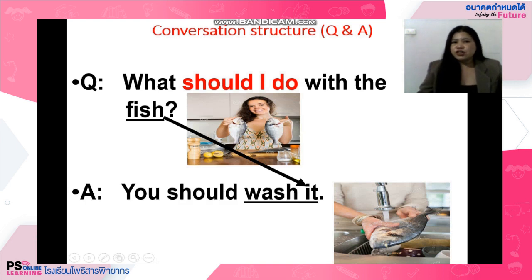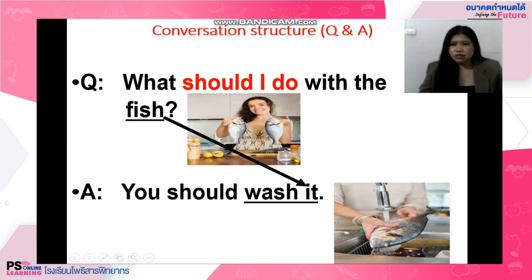You say you should. Here on the question, we use should, right? So for the answer, you also have to use should. It's okay to use that. You should, and then the action here is wash it. Wash it, right? Why is there an arrow with a fish going to it?